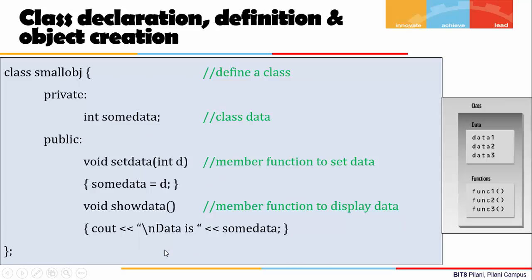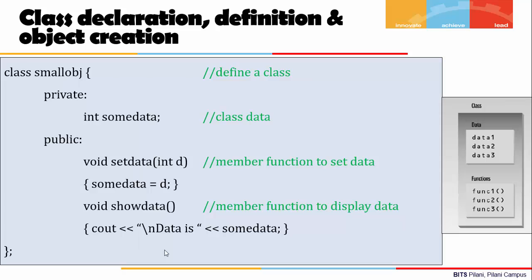Another thing, the class SmallObj consists of two keywords, private and public. Using the private keyword, data is concealed within a class. So it cannot be accessed by functions outside the class even by mistake.